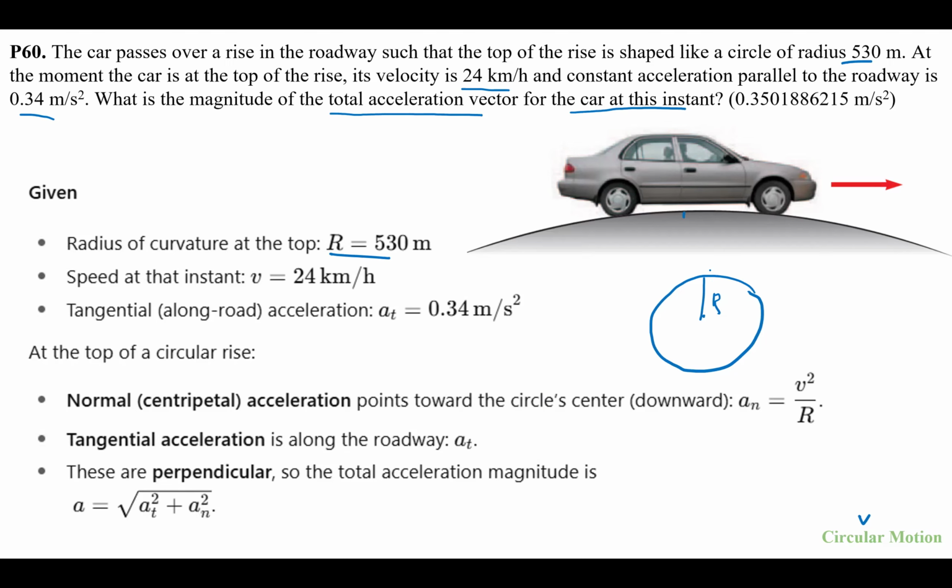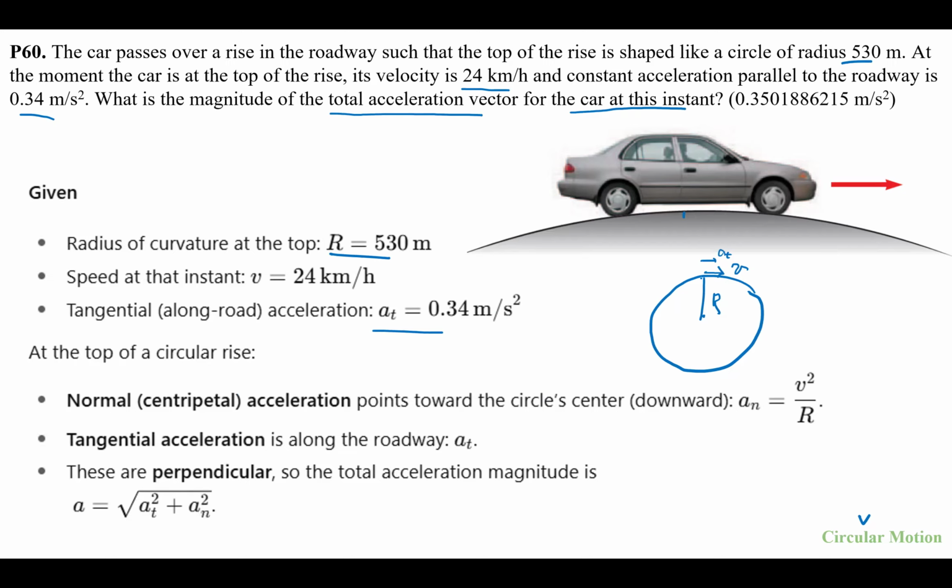Then a speed at that instant when the car reaches, then we have a velocity. And then we have a tangential acceleration is given as well, at. And then at the top of the circular rise, the normal acceleration points toward the circle center.